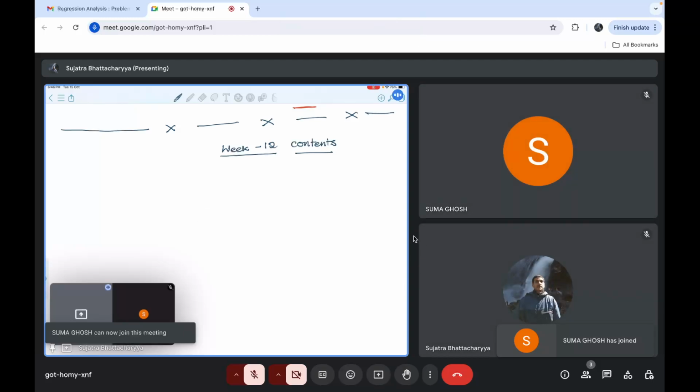Okay. So before going to the week 12 contents of the generalized linear model, let's go for a topic which we have done two, three weeks before, week 8 or week 9 somewhere, which is generalized least square.